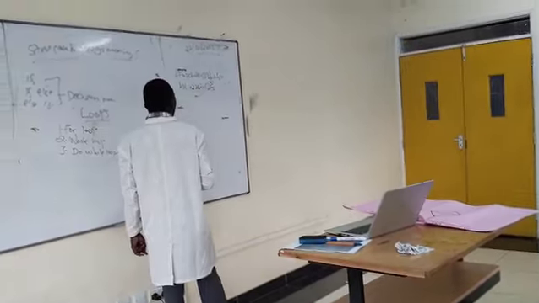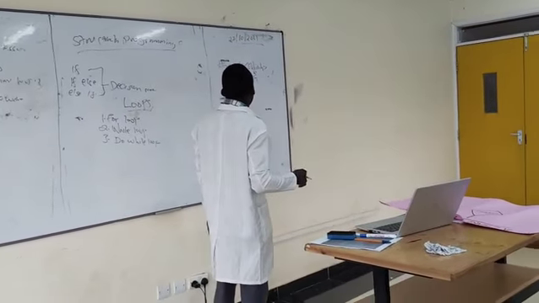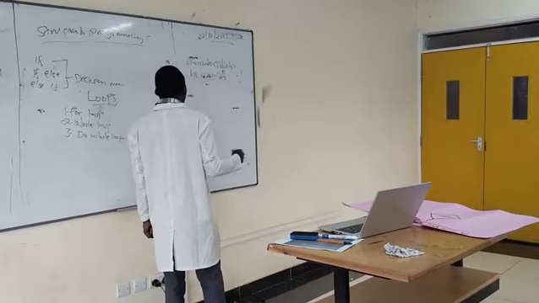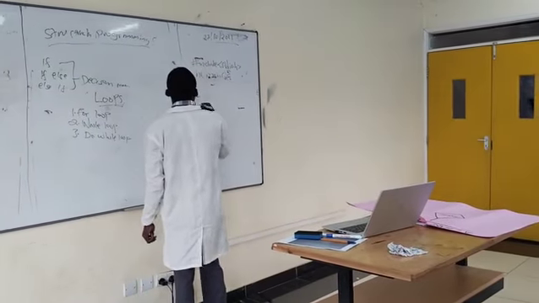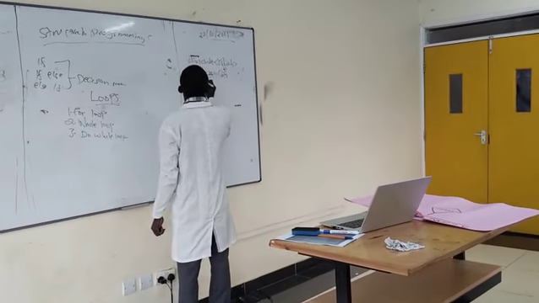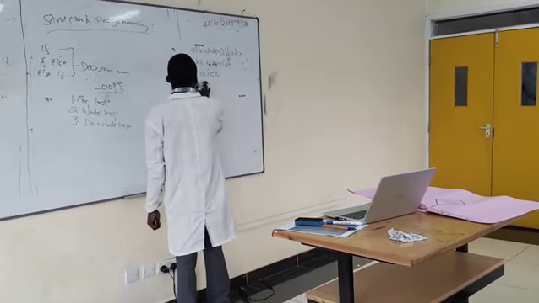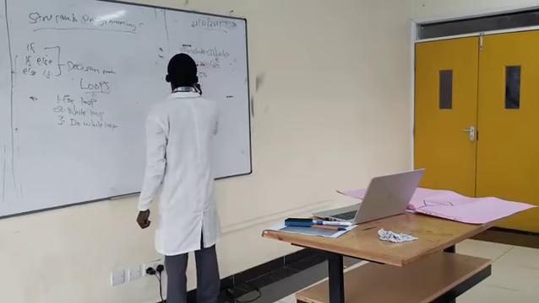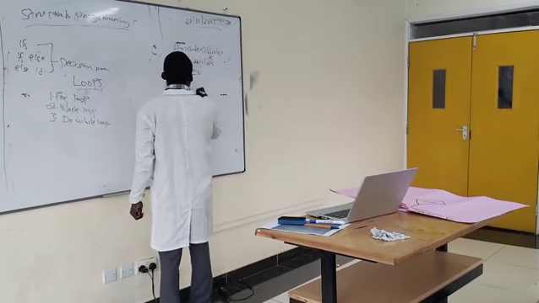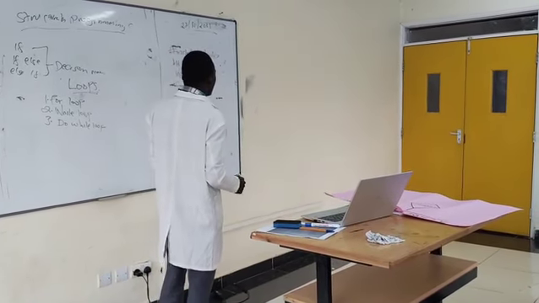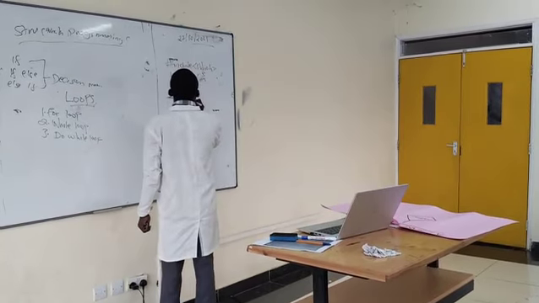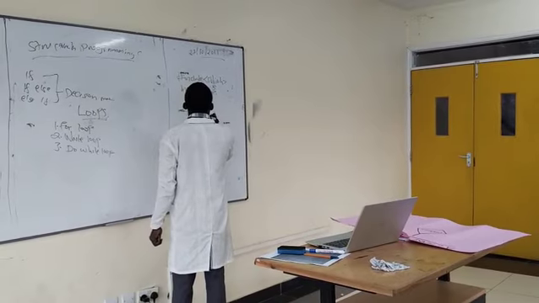Then we declare variables. Let's say int i is equal to 1. Yes, we are printing numbers 1 to 10. So we go to for. What do you say initialization will be? i should be equal to 1.